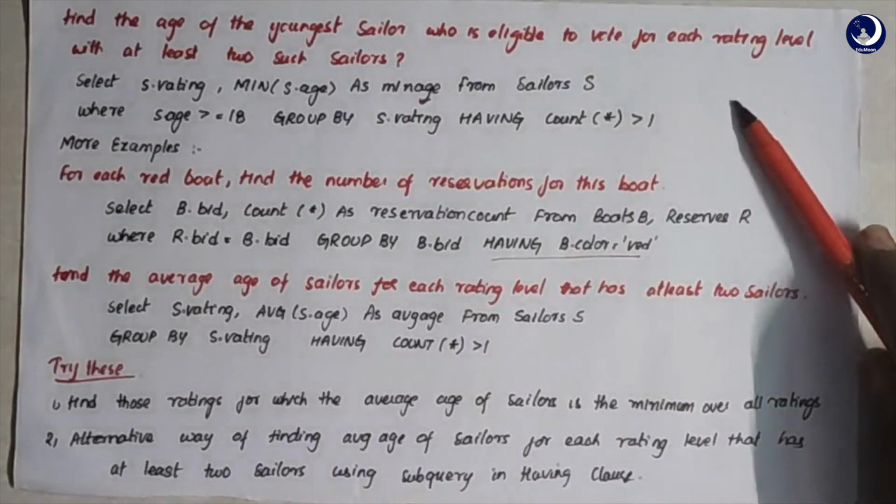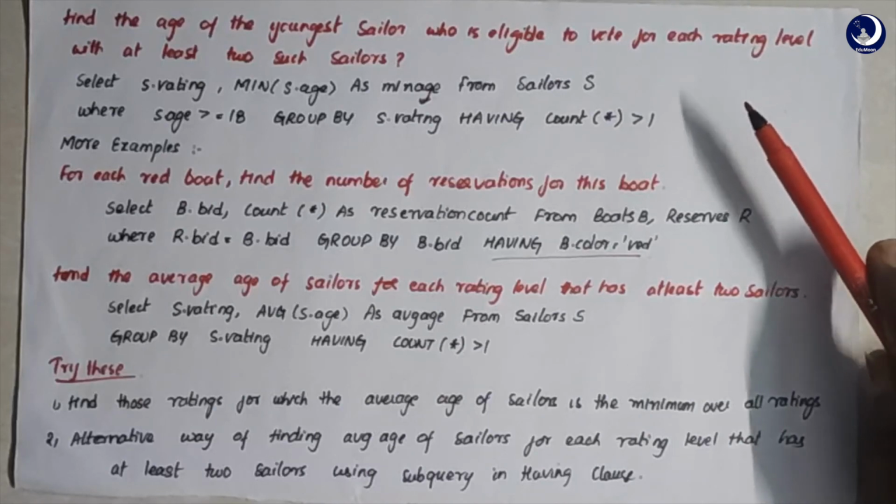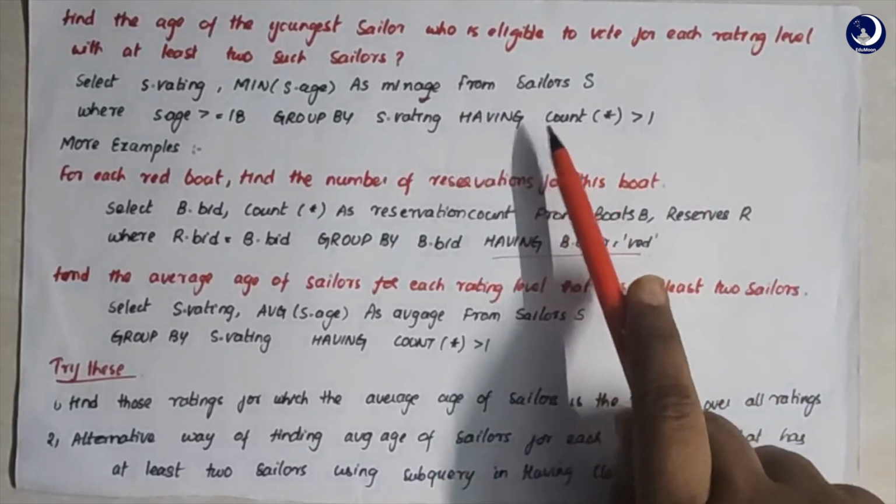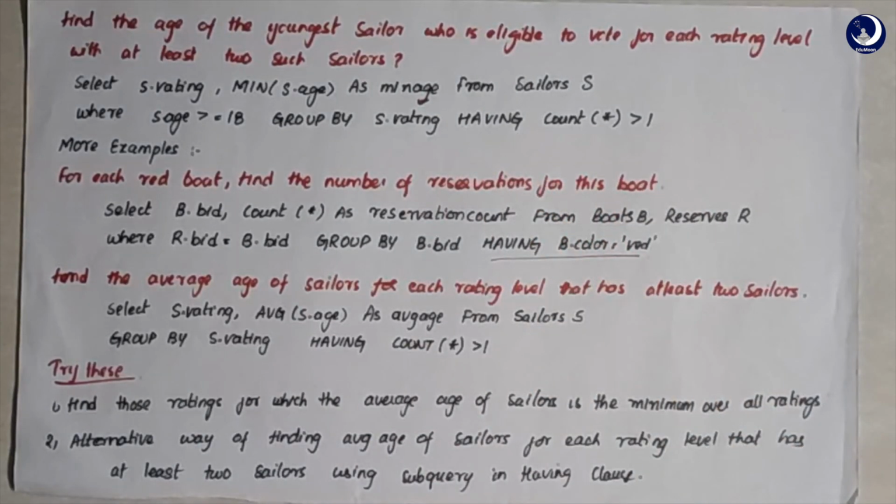Here I'm asking you to write the alternative way. We have specified it like this, but instead you can use a subquery in the having clause also. Just try to use that method too. It's just to make this entire process more comfortable and easy.